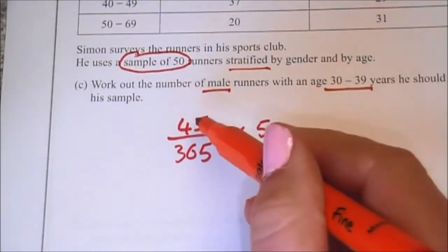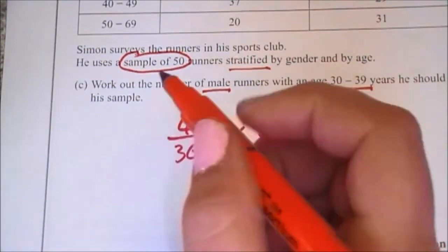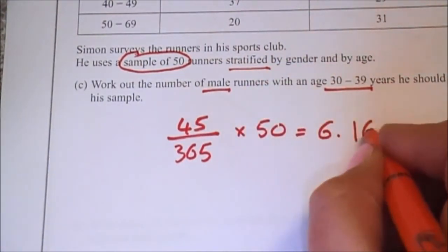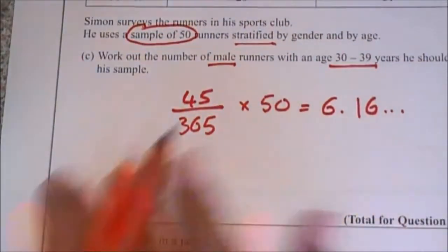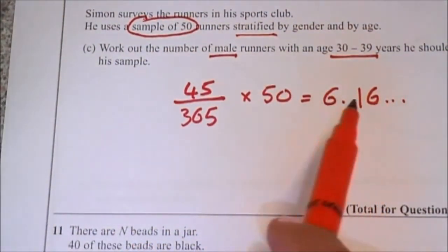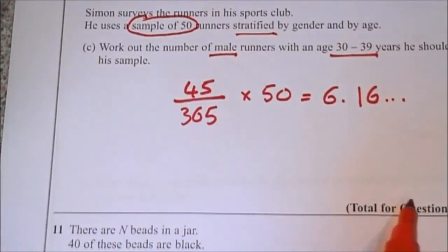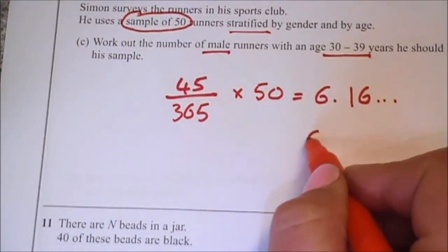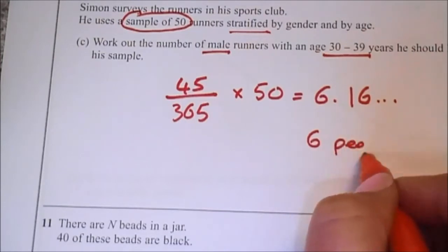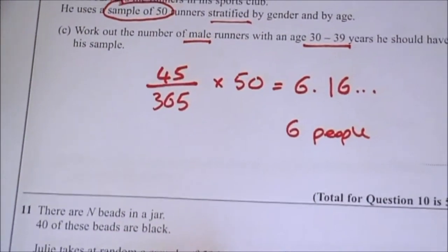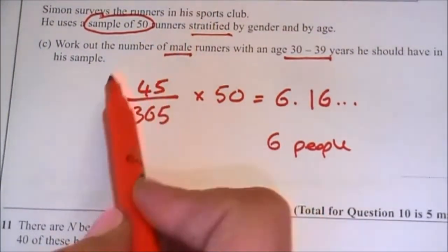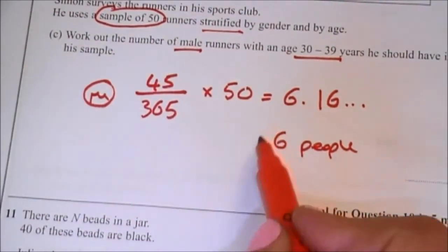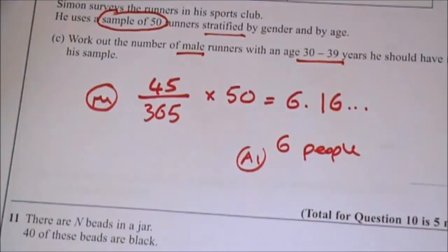So in my calculator, 45 divided by 365 times by 50 is going to give me 6.16, and that goes on to other decimals, but I can't get 0.16 of a person. That'll be really messy, so I'm going to settle with 6 people. Okay, so the answer is 6. It's a 2-mark question. 1 mark for showing your proportional statement and 1 mark for getting the answer correct.